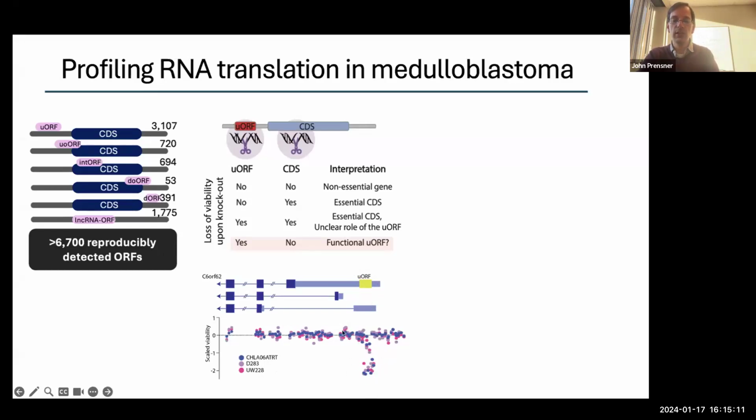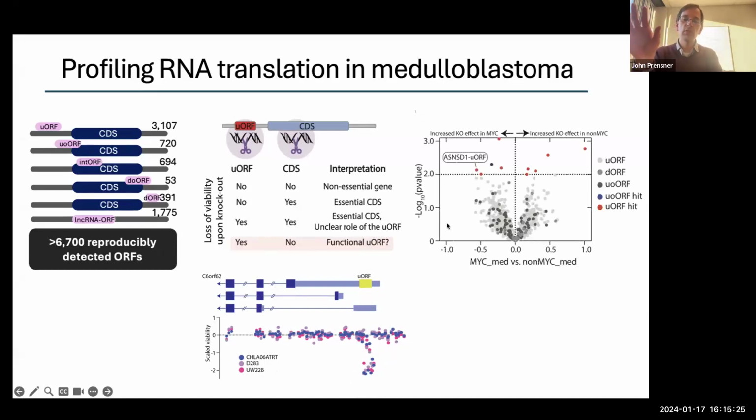But if you have anything else in that genomic vicinity, they don't really seem to mind one way or another. So we were able to do this in about 7 cancer cell lines, quite a large number in total. And we stratified those cancer cell lines based upon their molecular biology to ask the disease question of how does this relate to MYC? And how does this inform us about aggressive patients and the treatment that they receive in the clinic?